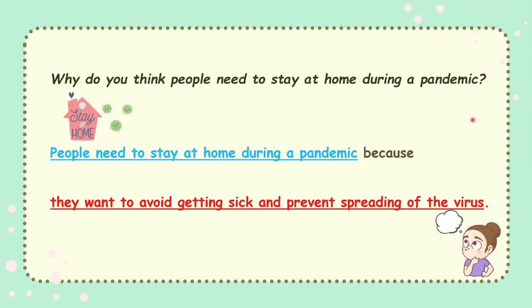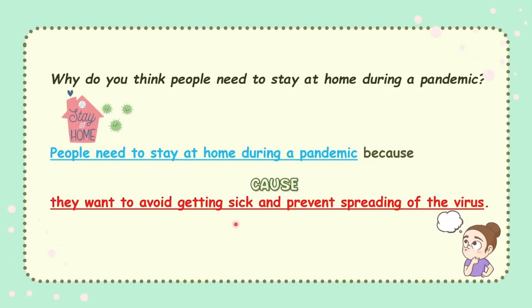Remember what I said a while ago? Cause, answer the question why. In this sentence, ano nga ba ang sumasagot sa tanong na bakit? Is it the first clause or the second clause? The answer is the second clause.